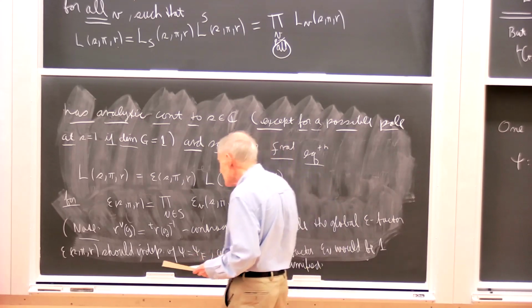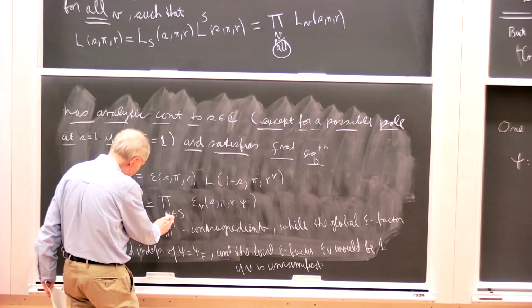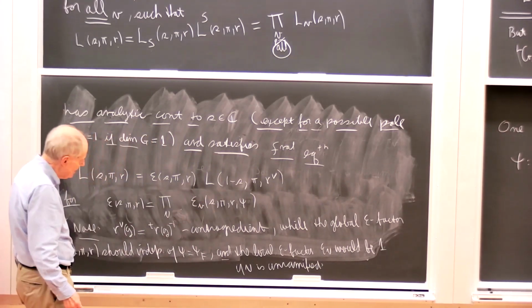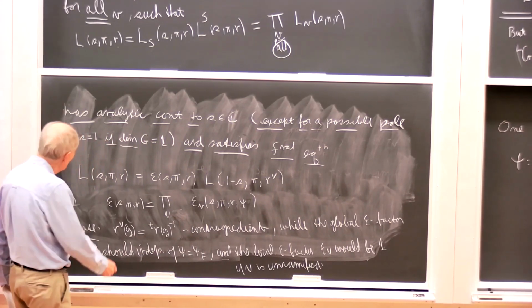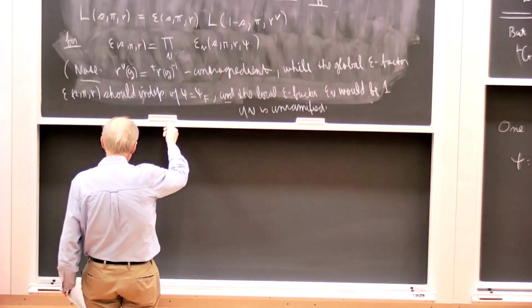So with that understanding, we could write this as just simply the product over all v, with the understanding that if v is not in S, it's 1. All right, so that is the assertion of question 1.